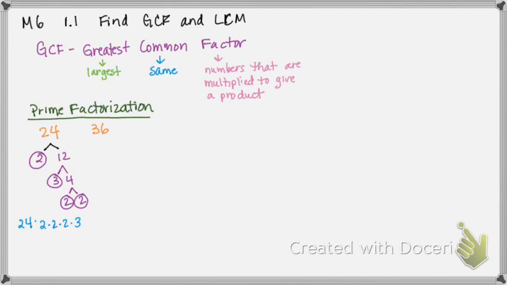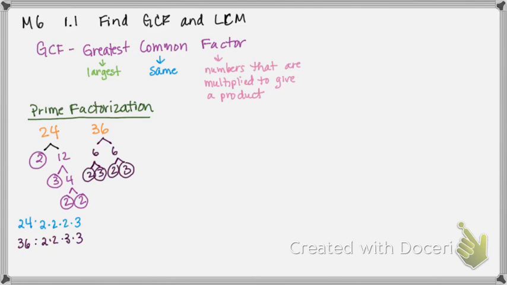Okay, let's do the same thing to the number 36. So let's see, we get 6 times 6. They have factors that are even, so I know 2 goes in 3 times. Ooh, 2's prime, 3's prime. And then I have 2 times 3. So then when I write 36, I have 2 times 2 times 3 times 3.